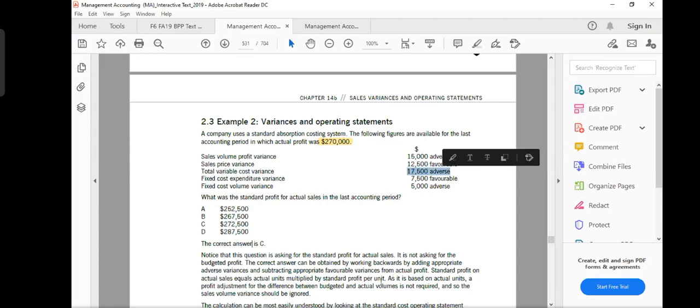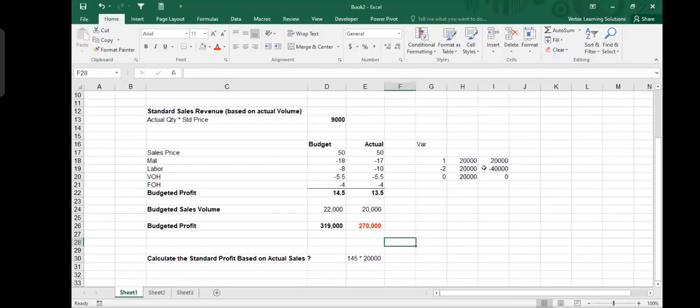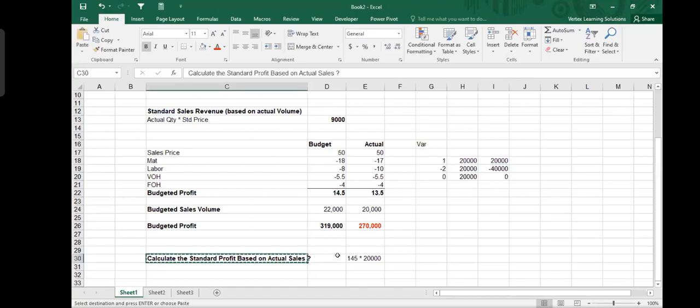Just like if I consider on Excel, this is my variable cost variance, whatever it is. So I add, subtract these ones. Because in this particular question, they asked you to calculate this thing based on actual sales.